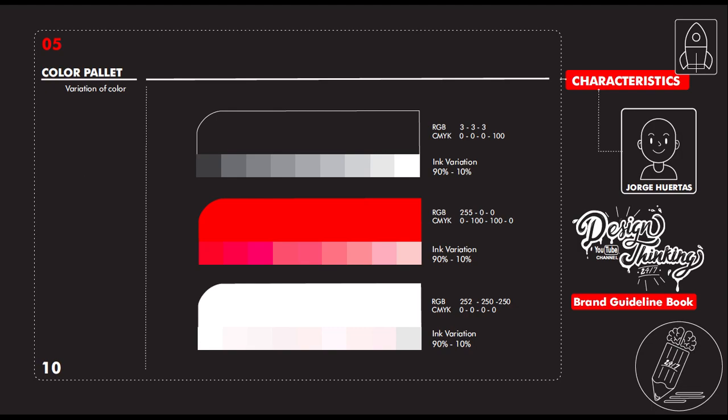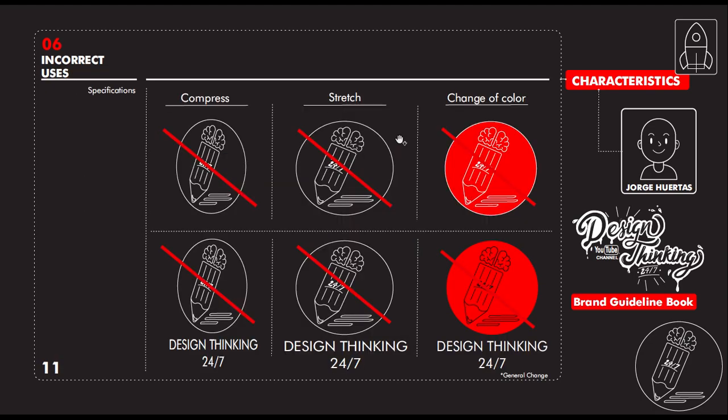This is the palette of color. It's very important because here we show the RGB and the CMYK, and also the variations that they have. We got a very flat design because that is one of our strong differences, but we also use red, black and white.